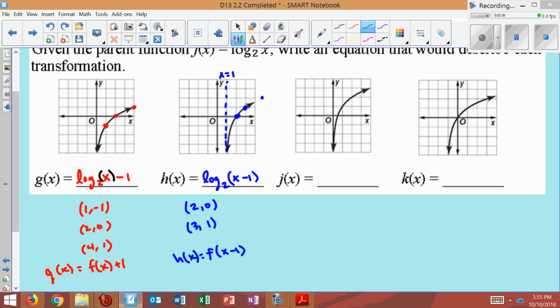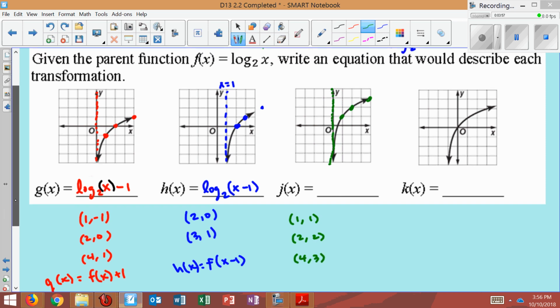Okay, and then we come over to j. I'm looking for my points here, here, and there. Again, this hasn't been shifted left or right. My asymptote's there, so I don't have to worry about that, and I should have put that asymptote on this one. I come over here in green, so my good points are 1 comma 1, 2 comma 2, and 4 comma 3.